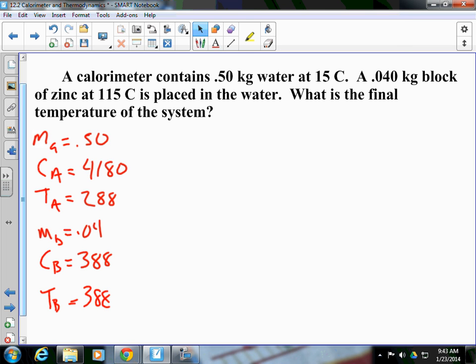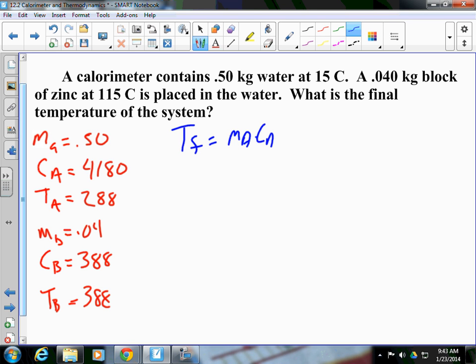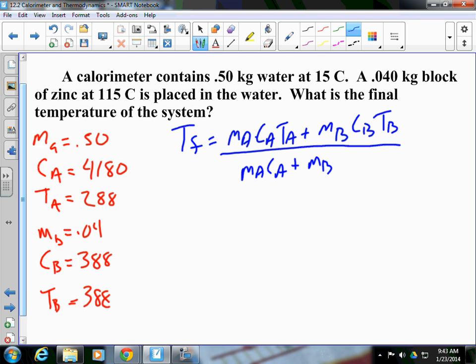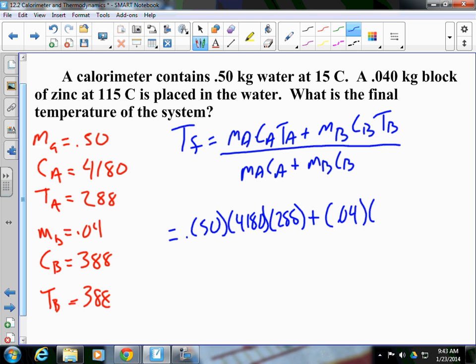So if we take our calorimeter equation, TF is equal to Ma Ca Ta plus Mb Cb Tb over MaCa plus MbCb, we go ahead and plug in our numbers. 0.50 times 4180 times 288 plus 0.04 times 388, that's the specific heat of zinc, times 388, that's the temperature of zinc in this equation.